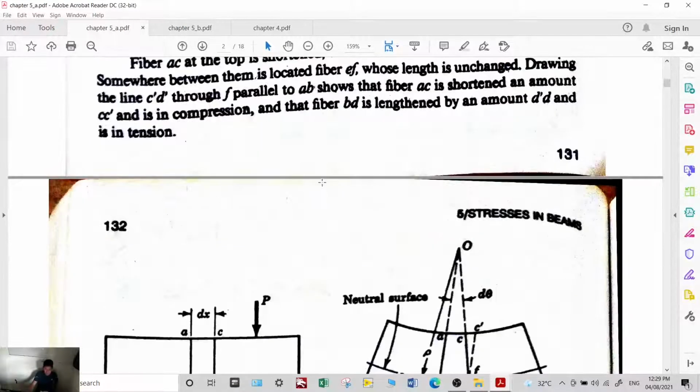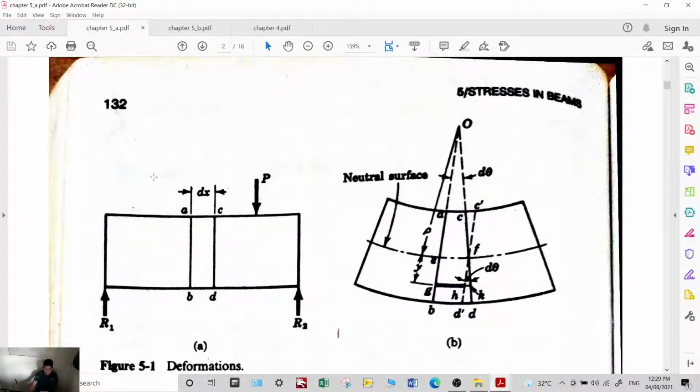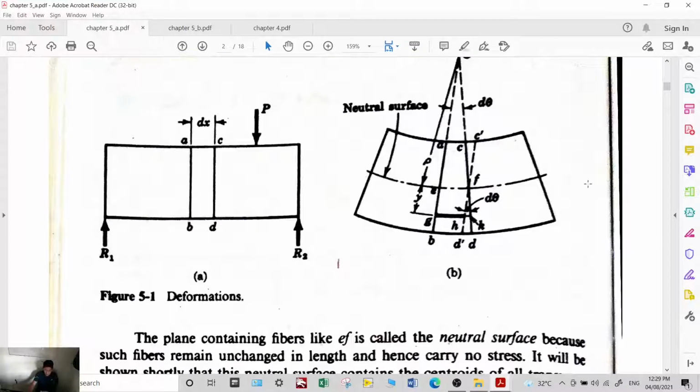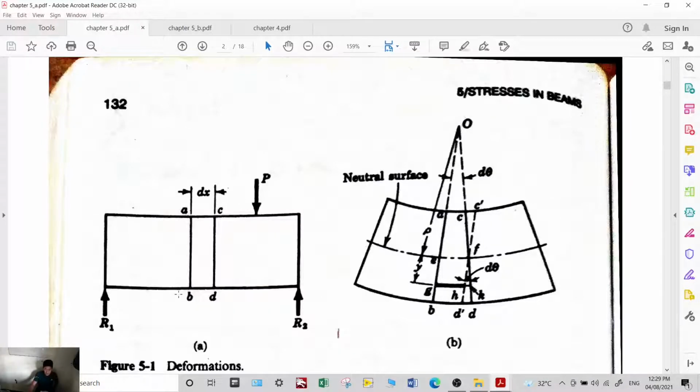So let's dive into this diagram, and we have here a beam, a simply supported beam. We have this load P, and we have those reactions R1 and R2.